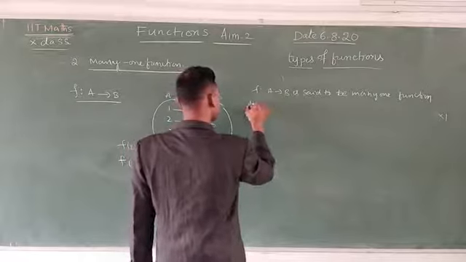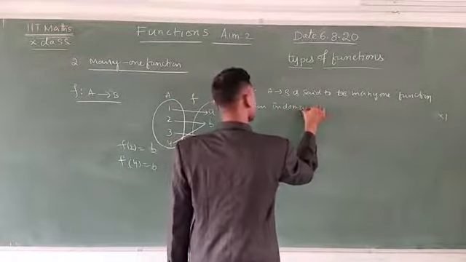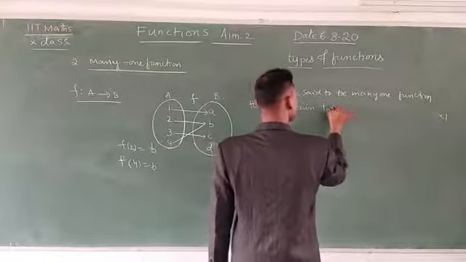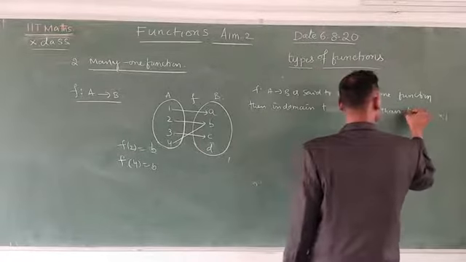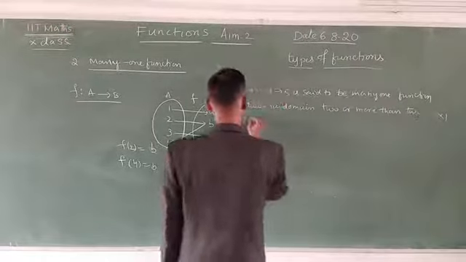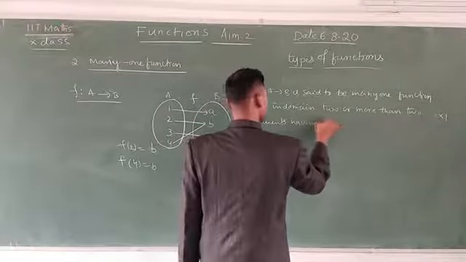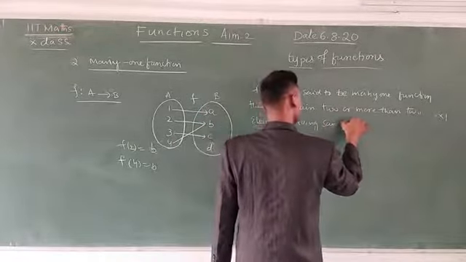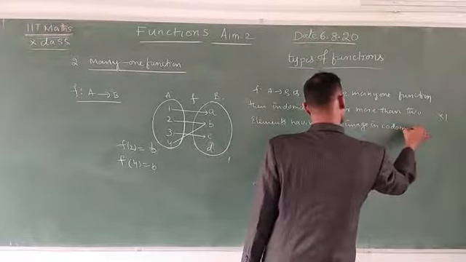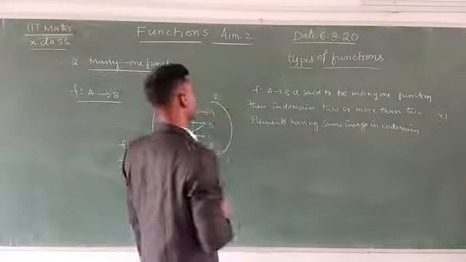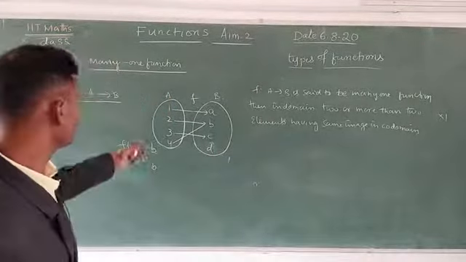Then in the domain, 2 or more than 2 elements having the same image in codomain, then F is a mapping from A to B is a many-one function. Understand? This is the many-one function.